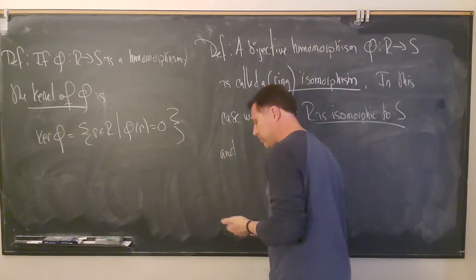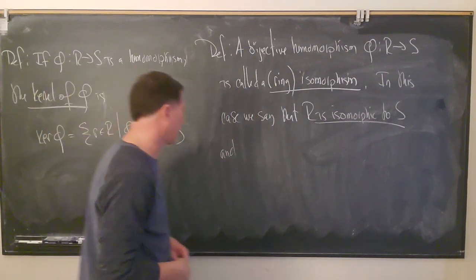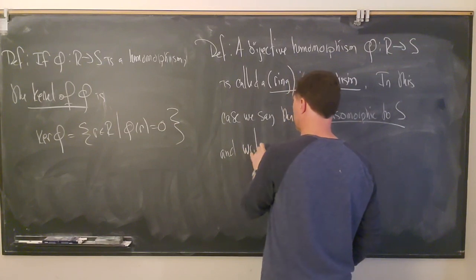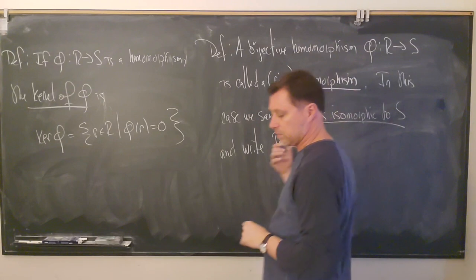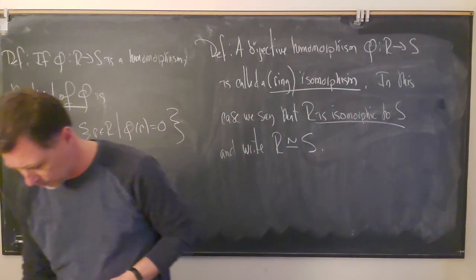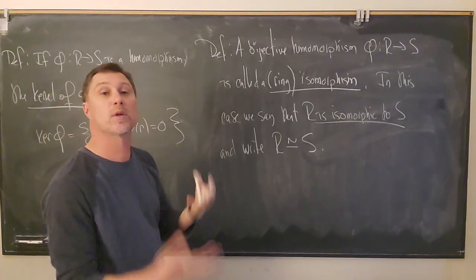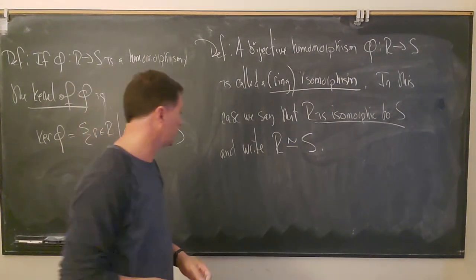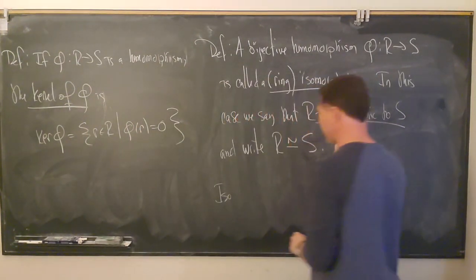I feel like your book doesn't even use a symbol for ring isomorphism. I could be wrong, but we're going to use the same symbol that we use for groups, and we'll write R isomorphic to S, the same one we used when it came to groups. All right, so from an algebraic standpoint, isomorphic rings are indistinguishable. That's the end of the definition right here.